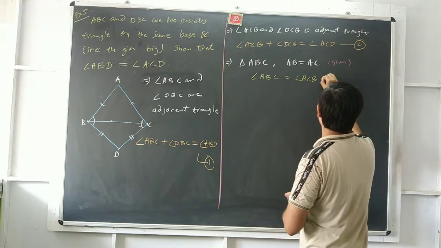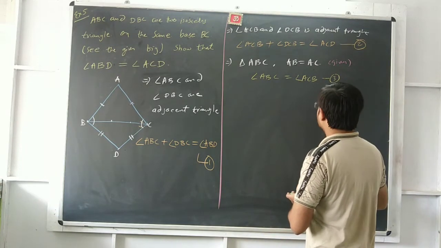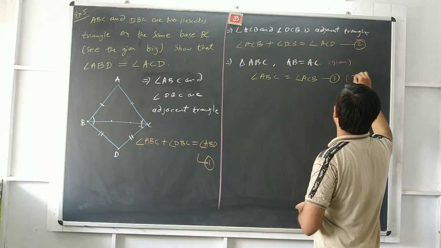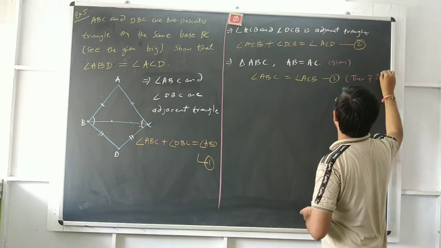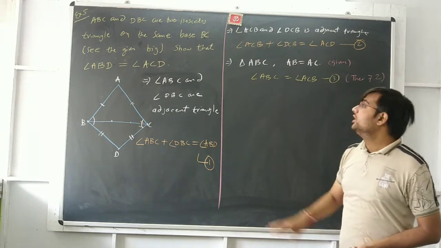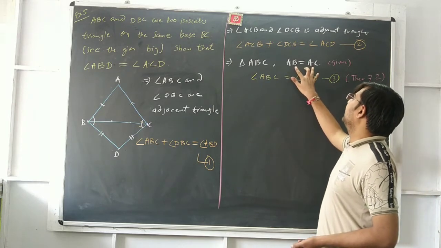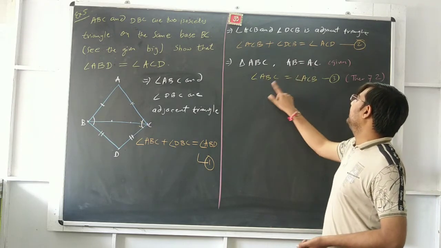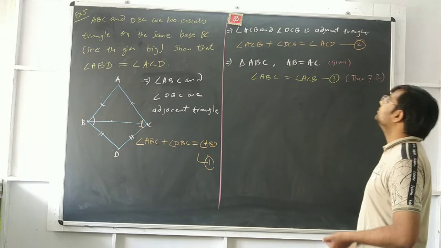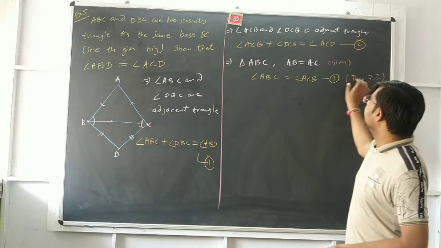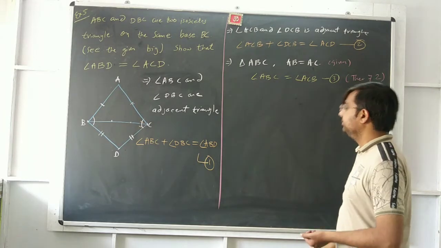This is equation number 3, by theorem 7.2. What is theorem 7.2? If two sides of a triangle are equal, then the opposite angles are also equal. So by this theorem, angle ABC is equal to angle ACB.